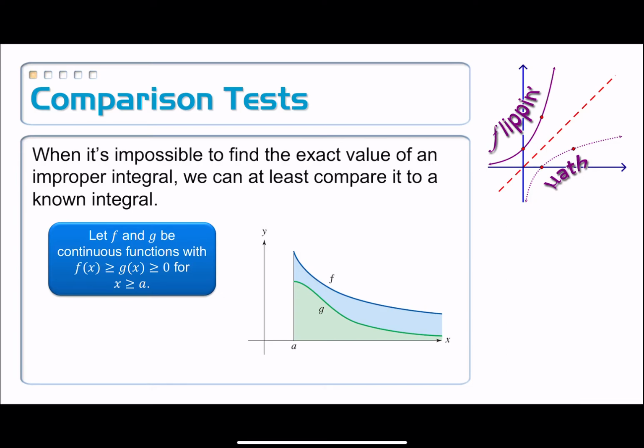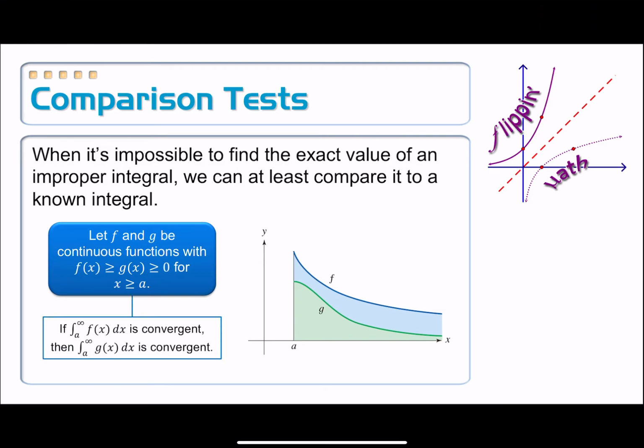If that's the case, if the definite integral from a to infinity of f of x dx converges, then so does the one involving g. In other words, if you are smaller than a convergent improper integral, then your new integral is also going to converge.